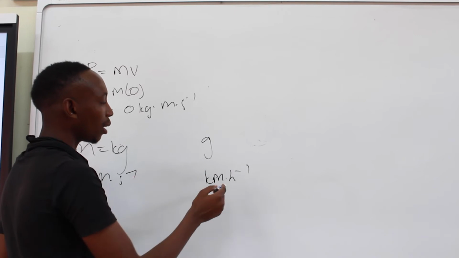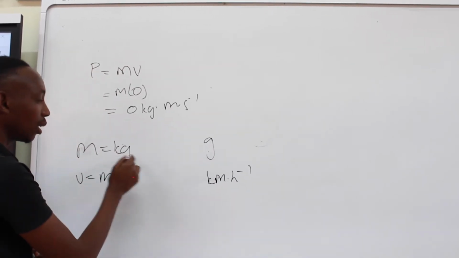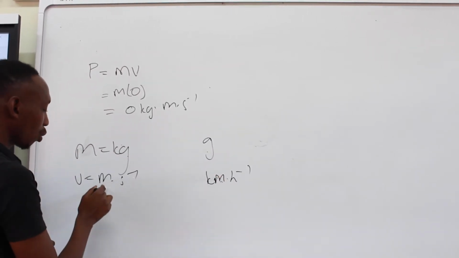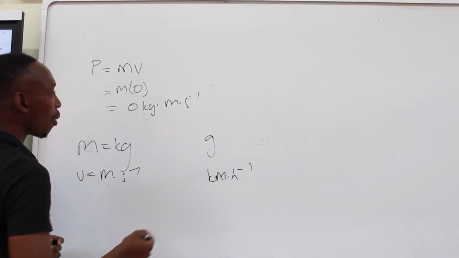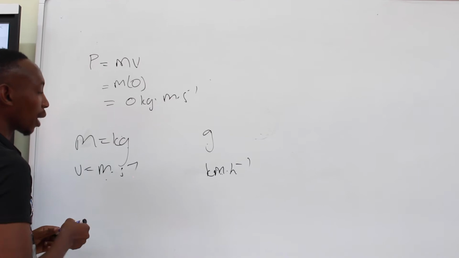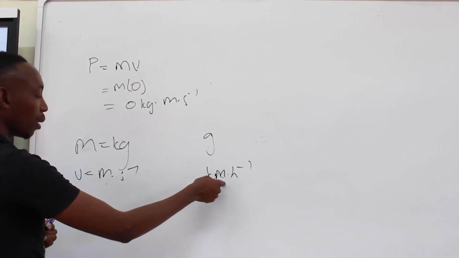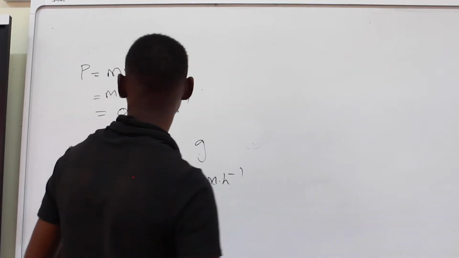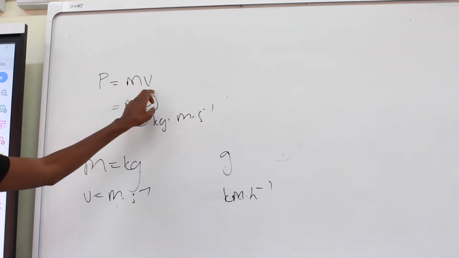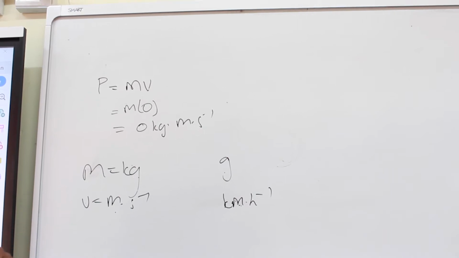So we always have to convert from grams to kilograms, and from kilometers per hour to meters per second. We don't work with grams and kilometers per hour for momentum. So by definition, momentum is the product of the mass and velocity of an object.